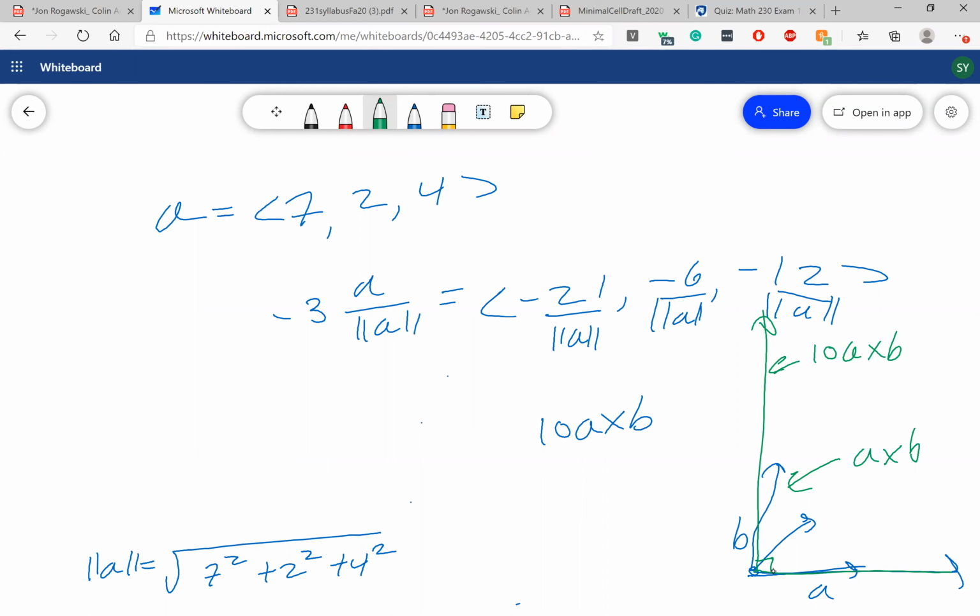But how did we know they were orthogonal? So we know that A cross B is orthogonal to A, because that's just something we've been looking at.